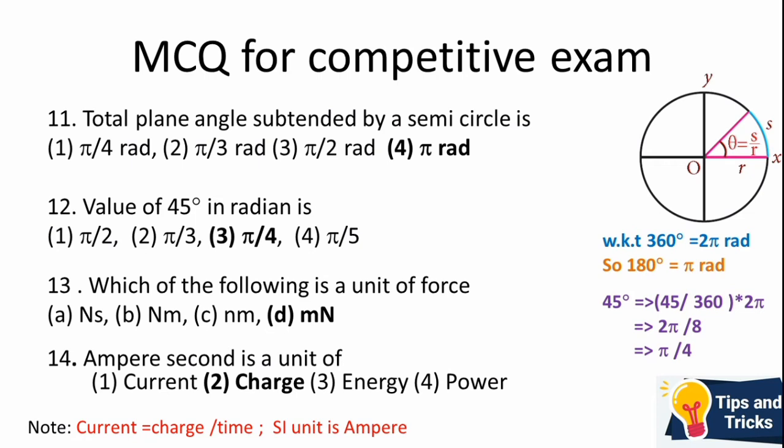Option C, n and m both are in small letter, which is nothing but nanometer, and again it is not the unit of force. Next, if you look at option D, small m into N, which is millinewton. So the correct option is option D, millinewton, which is the unit of force.